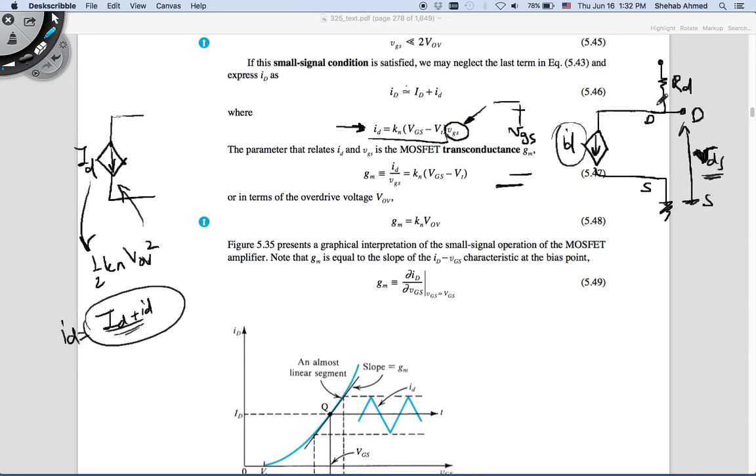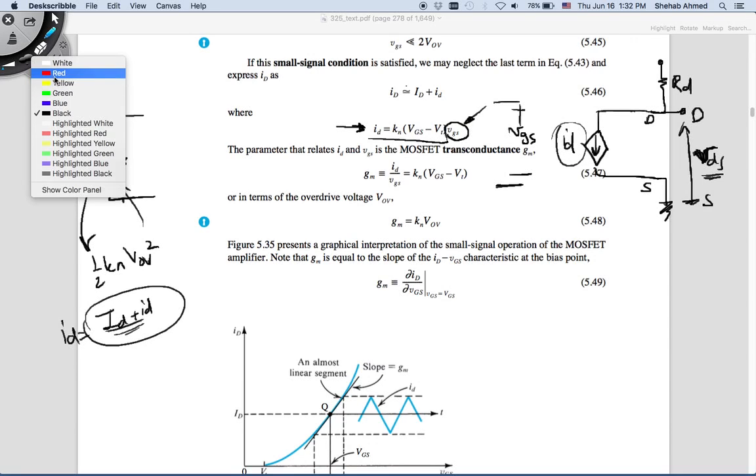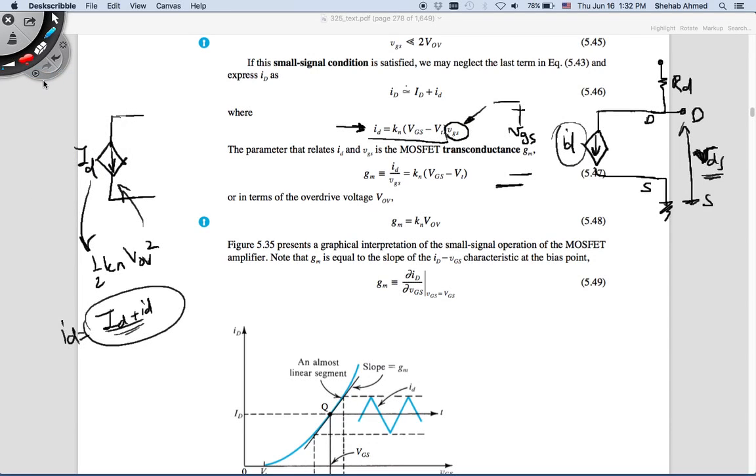But we have to note something, that we have two effects that we need to consider here. We said we can apply superposition since this is a linear circuit here. So two things we have to consider. At the input we had VGS small signal and VGS capital.